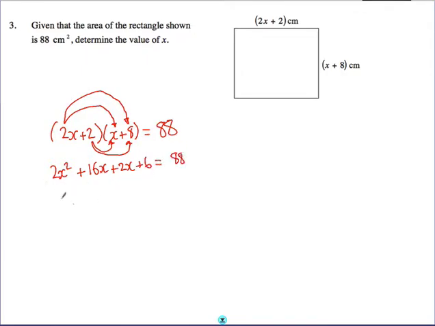So I'm going to tidy this up. So this looks like 2x squared plus 16x plus 2x is 18x, plus 6 is equal to 88.